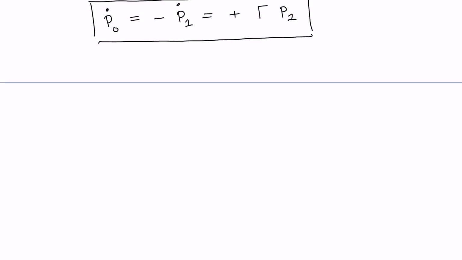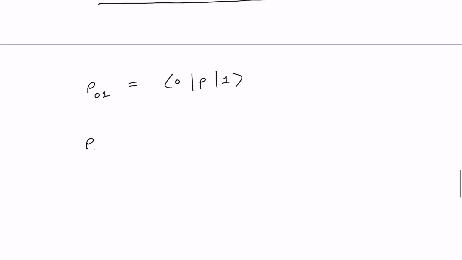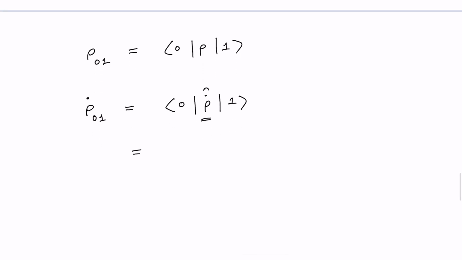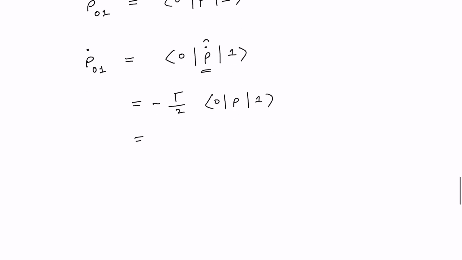So for the off-diagonal matrix elements, you have here rho 0 1, one of the off-diagonal elements, which is <0|rho|1>. Now if we find the time rate of change of this coherence term, again you just have to put the Lindblad master equation in for rho dot, and if you work out the algebra, you get minus gamma by 2 <0|rho|1>, or I can write minus gamma by 2 rho 0 1.